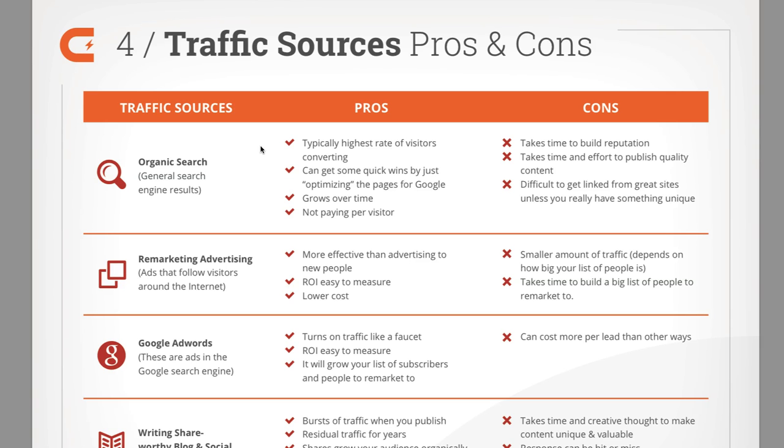The second part is the ongoing work of publishing new, good, unique content people want and getting more links to your site from other important sites. So what I'm talking about here with optimizing is the first part.